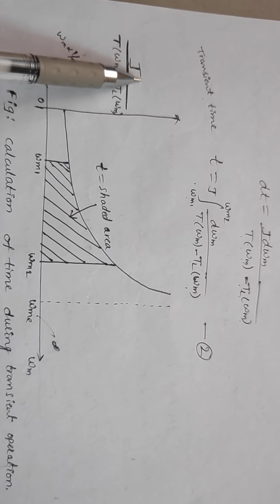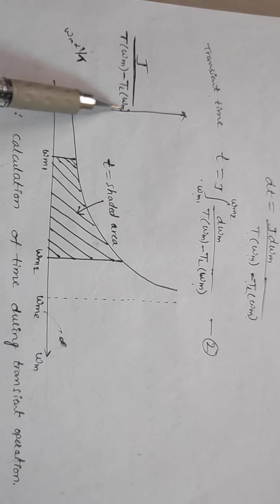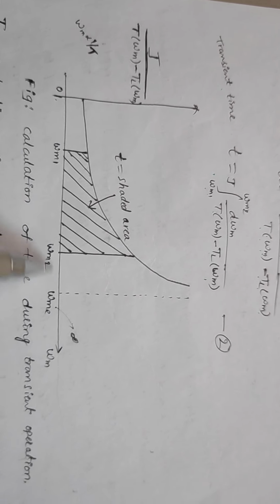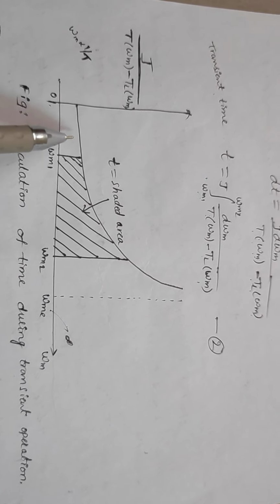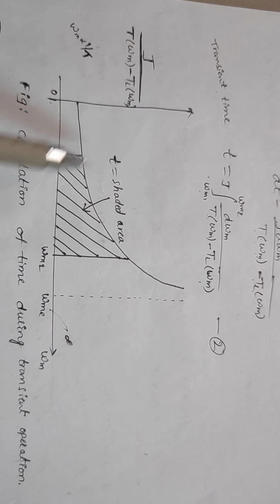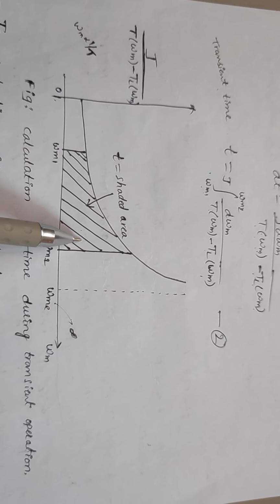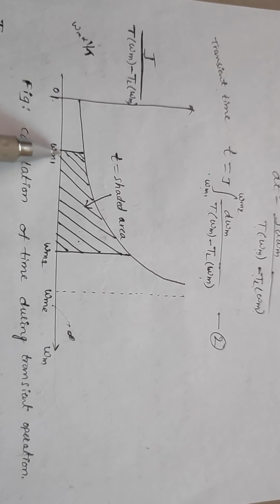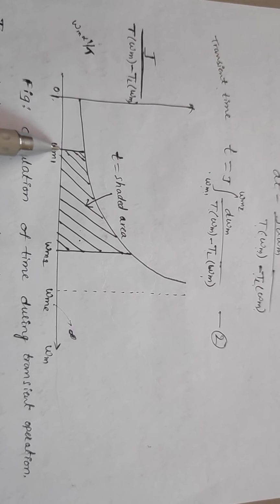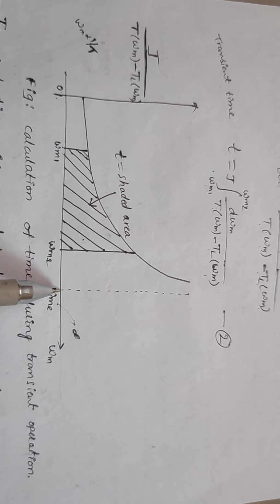Graphically, we can represent this by considering J by T of omega m minus TL of omega m on the y-axis and speed on the x-axis. The area covered under the curve, the shaded area, is the transient time. Instead of starting from 0, we are starting at omega m1, and omega me is the equilibrium speed.